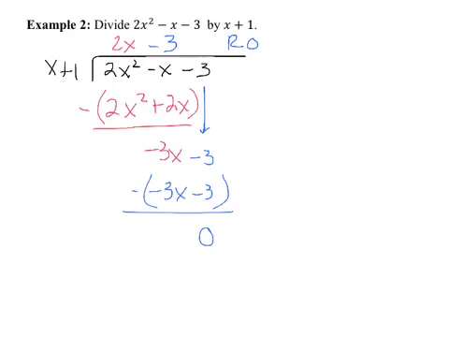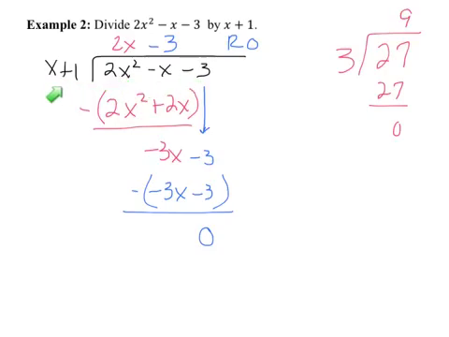Well, think about this for a minute. If I had 27 and divided by 3, well, the answer is just 9. 9 times 3 is 27. What's the remainder? 0. So this means that 27 is divisible by 3 evenly, giving you 9 as a quotient. So that means that this quantity is divisible by this quantity, giving you this quantity as a result, because the remainder is 0.